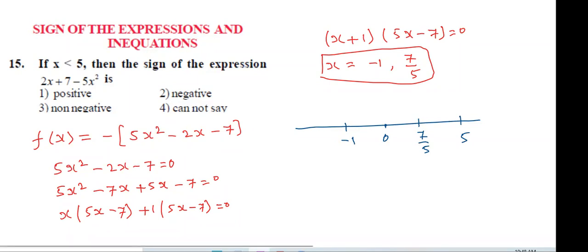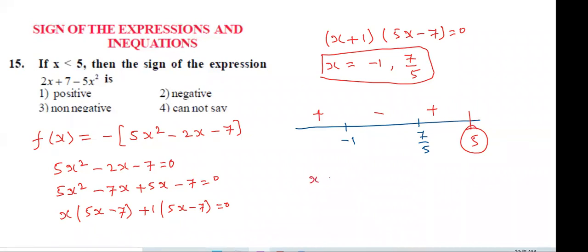By observing 7 by 5 and minus 1, using the wavy curve method, I am going to write the signs positive, negative, positive. For x less than 5, observe whether the expression is positive or negative. We can't say exactly. Positive is there, negative is there, positive is there.